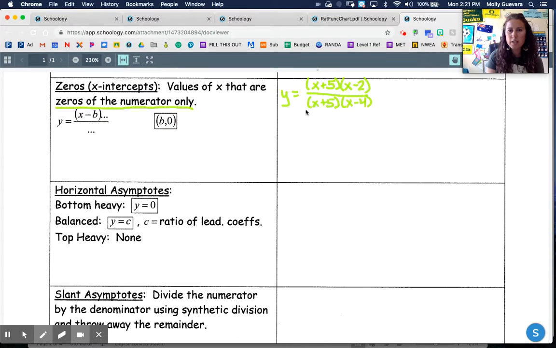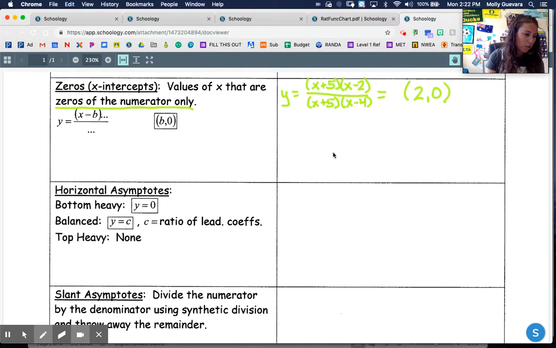Here x plus 5 is a hole, so even though negative 5 is a 0 of the top, because it's also a 0 of the bottom, that's the hole. Here, I have a 0 of 2, and that is not a 0 of the bottom. So that tells me that I have an x-intercept at 2, 0. Okay, 2, 0 is my x-intercept.